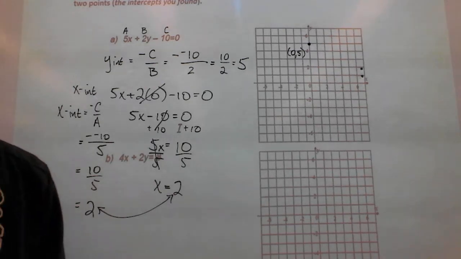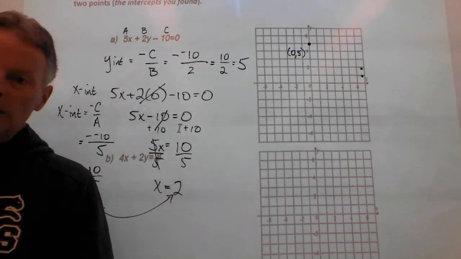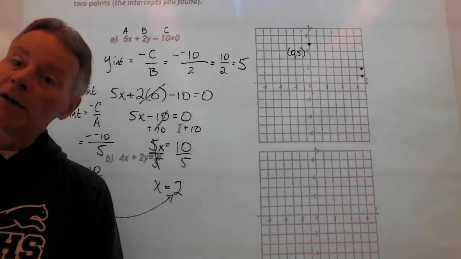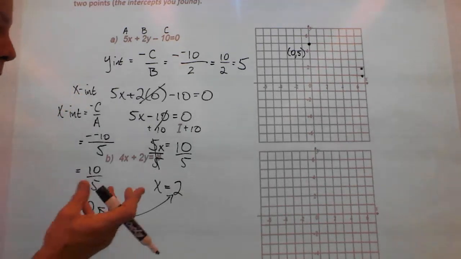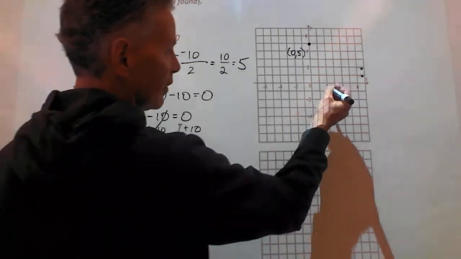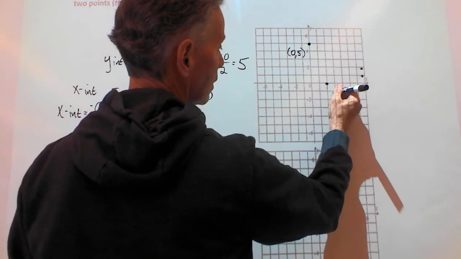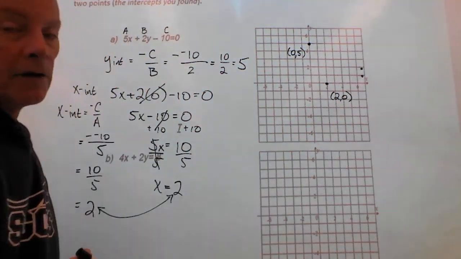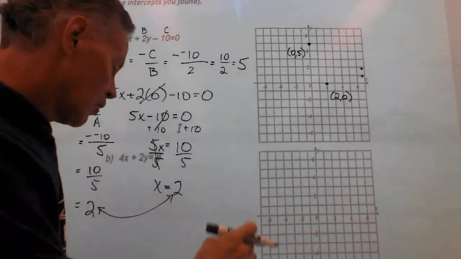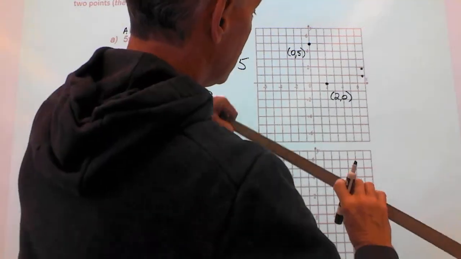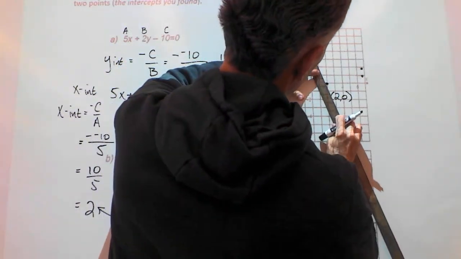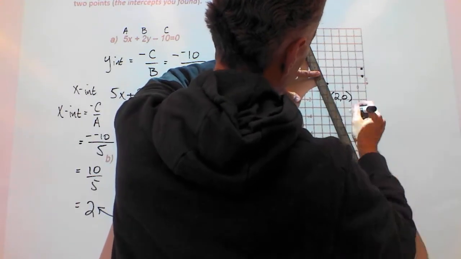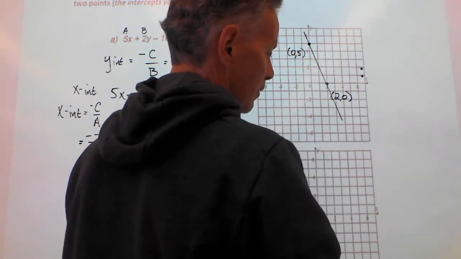Same answer. So whichever of these two ways makes more sense to you is the one you should use. Anyways, we have our x-intercept at 2. That's right there. 2 and 0. And again, as soon as we have 2 points, we're good to go. Join them up. There's your line. All done.